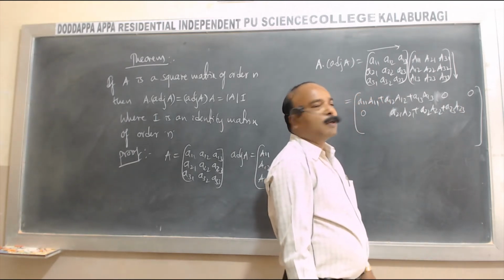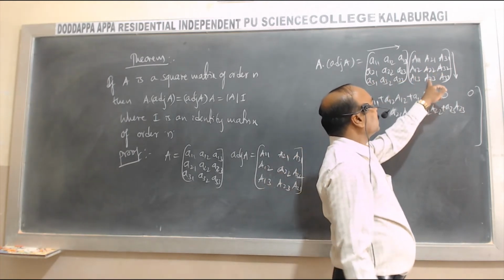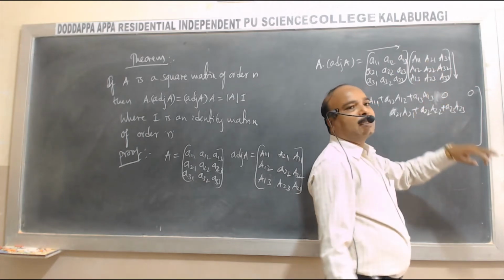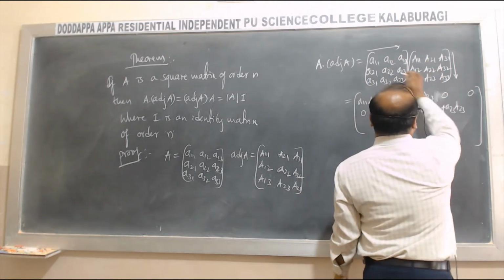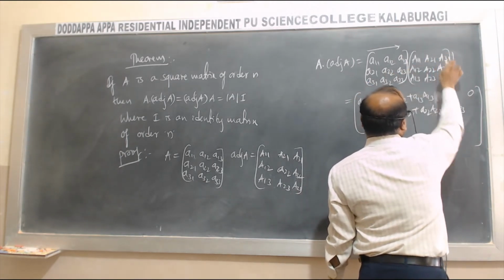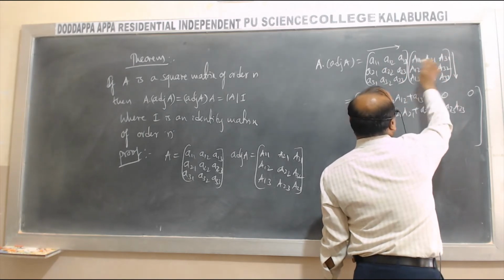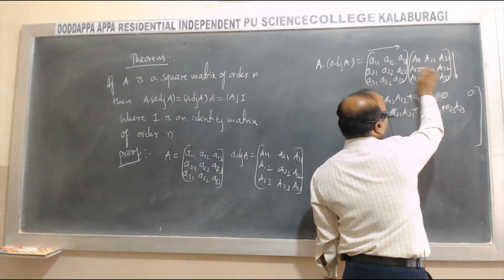Now it is the sum of product of the same row with the same row's cofactors. Then second row, third column: a21 A31 plus a22 A32 plus a23 A33.